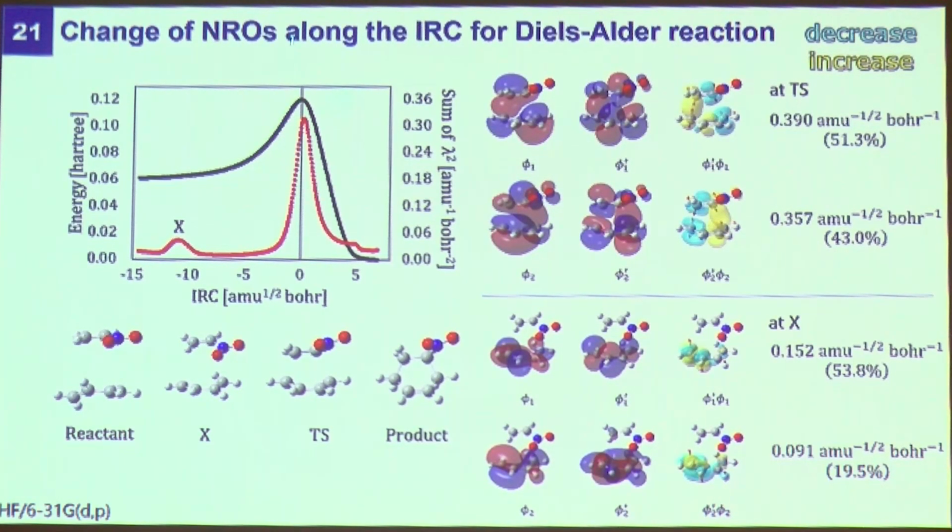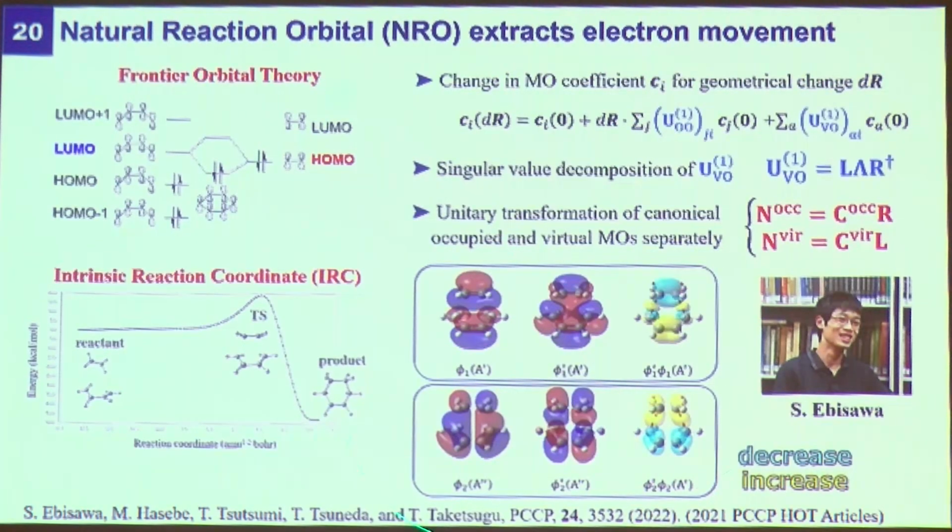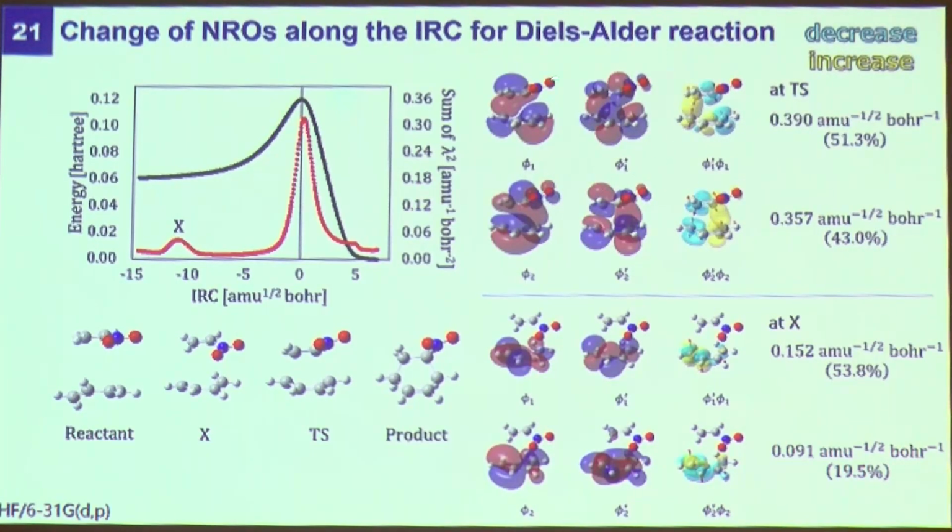A large singular value indicates that the mixing of occupied and virtual orbitals occurs very effectively. So at the transition state, there are two pairs. This is similar to the butadiene and SRAN case, but in that case symmetry is conserved, while here, by introducing NO2, symmetry is lost.